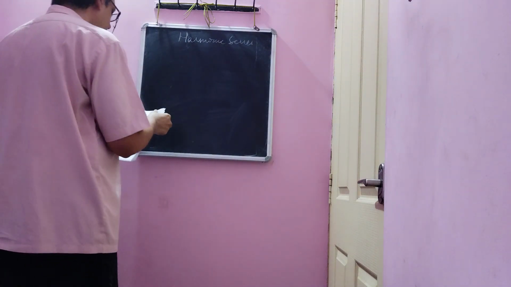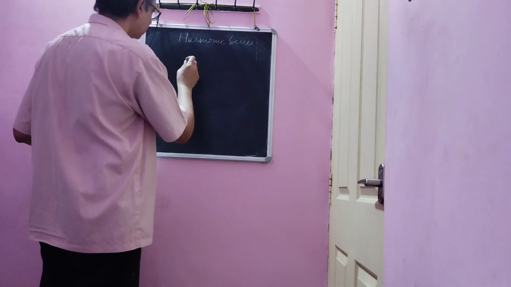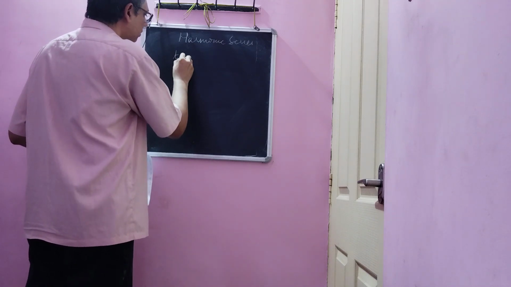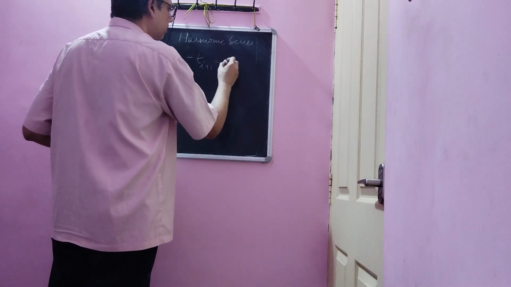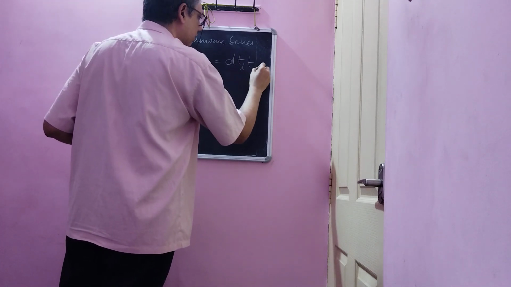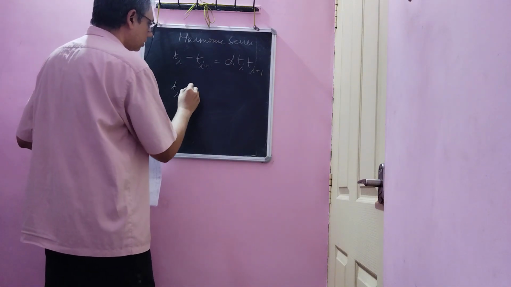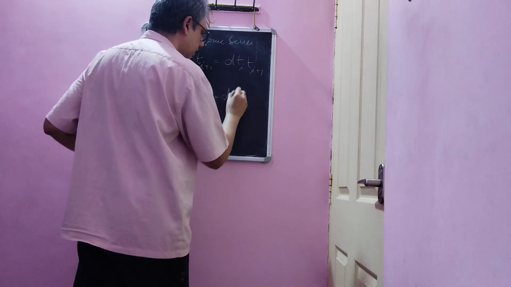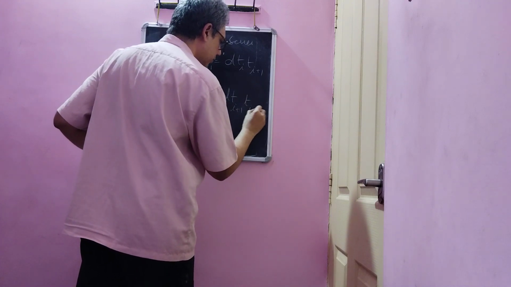Now we determine the sum Sn by making use of the following relation. For any harmonic progression, we have Ti minus Ti plus 1 is equal to D times Ti Ti plus 1. Likewise, we have Ti plus 1 minus Ti plus 2 is equal to D times Ti plus 1 Ti plus 2.